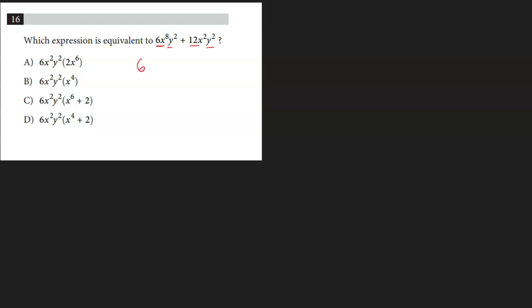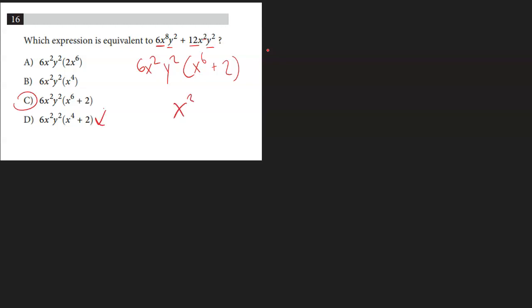So I know that immediately with the 6 and the 12, I can take out that first 6. I know with the exponents, I can take out x squared, and now I can take out y squared. And what's left will be x to the 6th plus 2, and that is answer C. And I'll say just be careful, because I see how this D looks like a plausible answer.